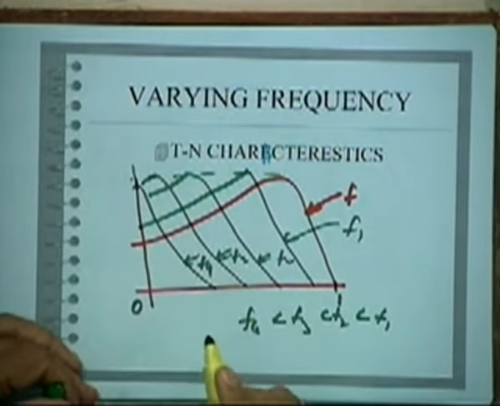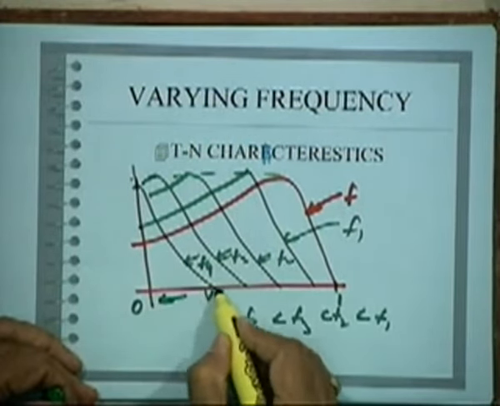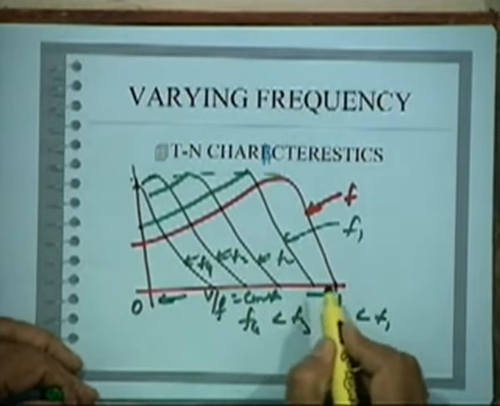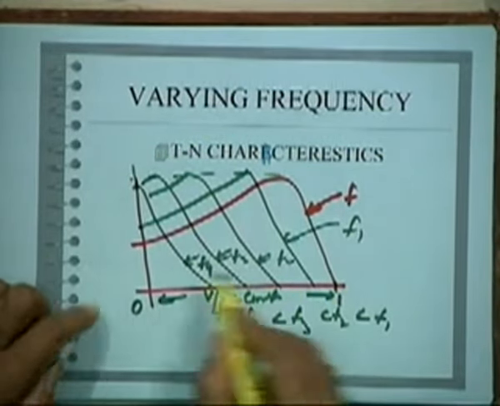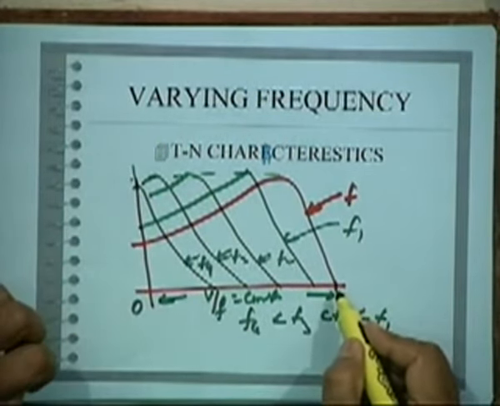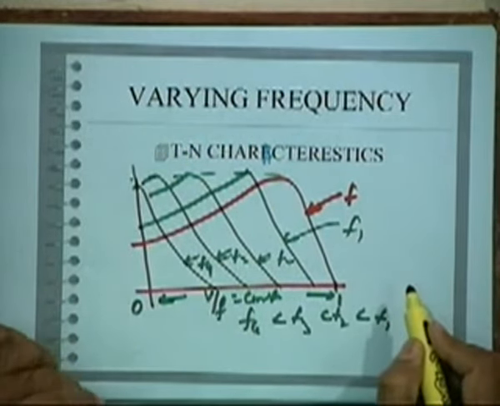Okay, now this is the nominal speed, let us say 0 and 1. Now general principle that is used is, throughout this you maintain V by F constant, because you want to maintain the flux constant here in this range. But if you go beyond the nominal voltage, if you double the voltage, what should be the frequency?